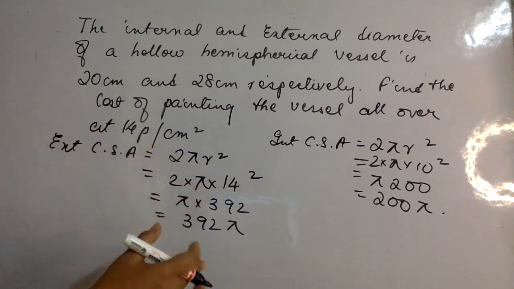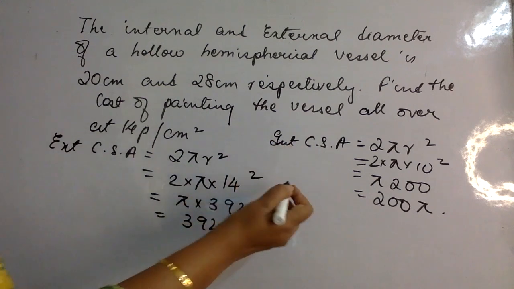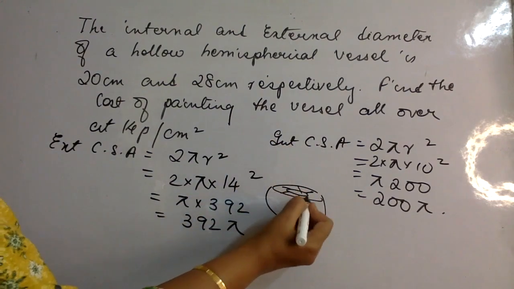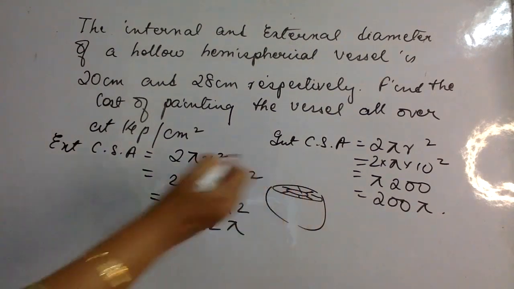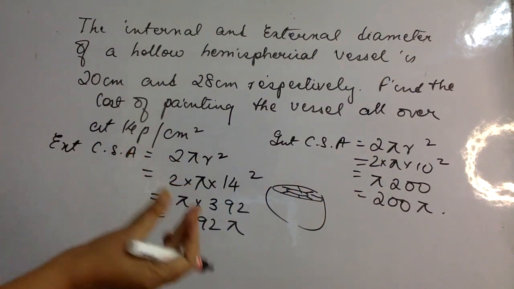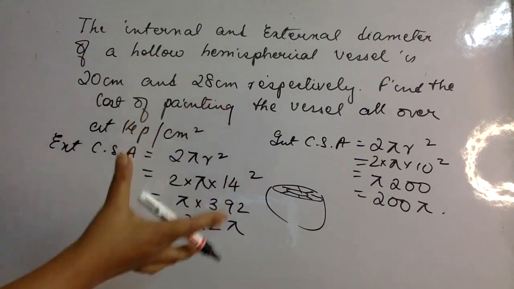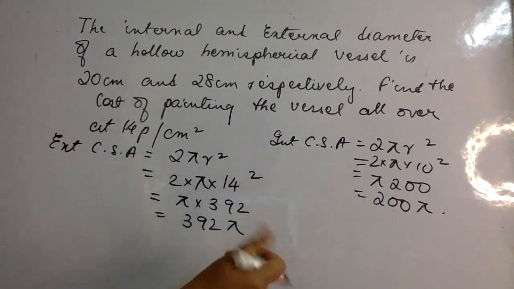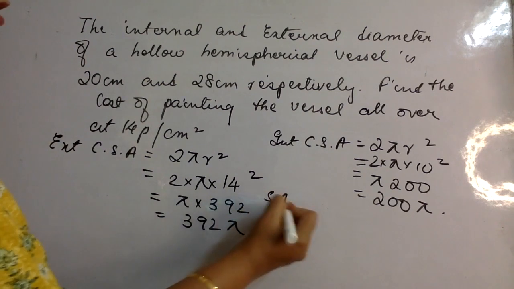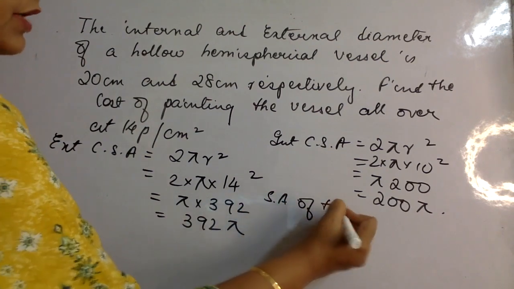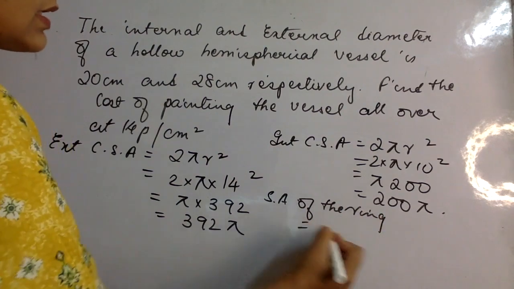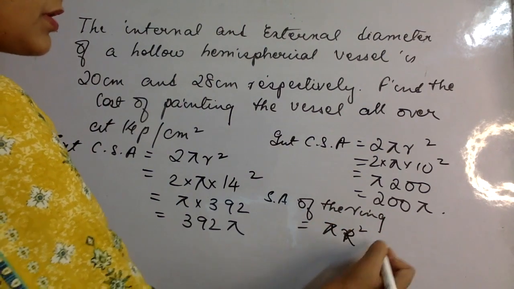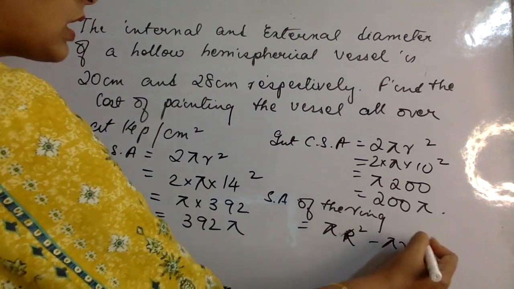Now there is a ring. Remember the top part of the hemisphere, this part. Yeah, we are talking about this part now. We'll have to find the area of this also, because this is not negligible and it is quite a thick part. We need to paint that also. So how do we find the surface area of the ring? Okay, that is pi capital R square minus pi small r square.